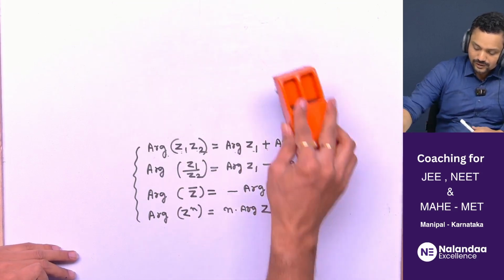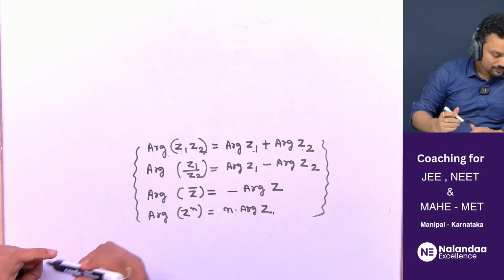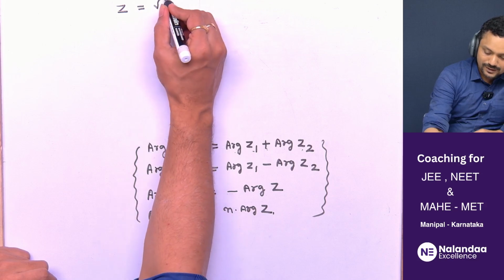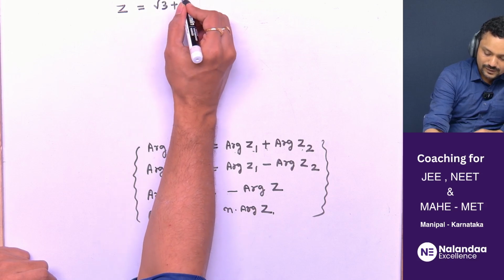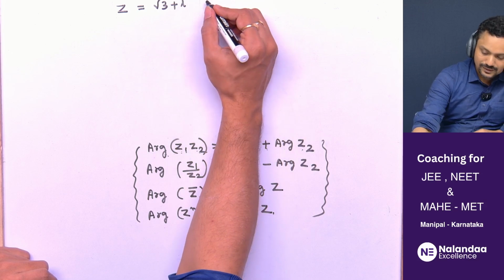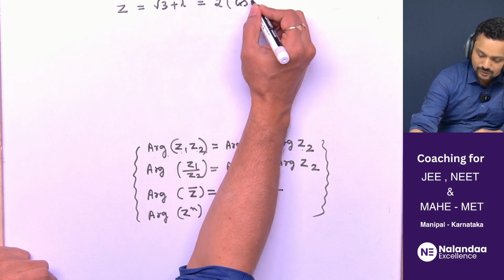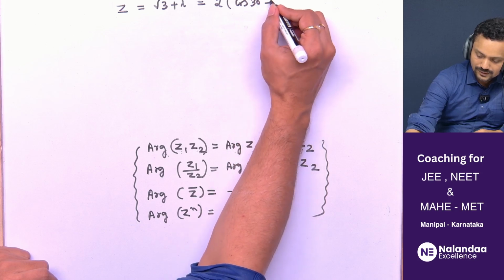I'll just show you a small example. Just now we took the complex number root 3 plus i, and we got the polar form as 2 into cos 30 plus i sin 30.